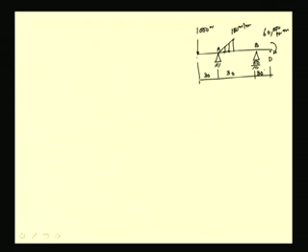So, first we determine the end reactions from the equilibrium of the complete beam. We know that we have two components of reaction, Ay and Ax at A and at B, we have a single component of reaction, that is By, and by considering the free body diagram we can determine these values.